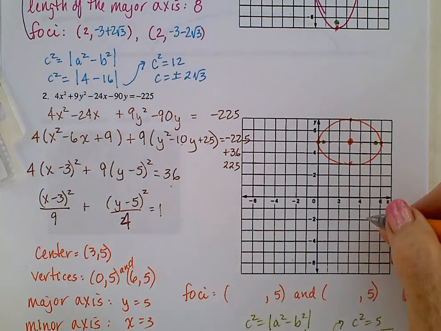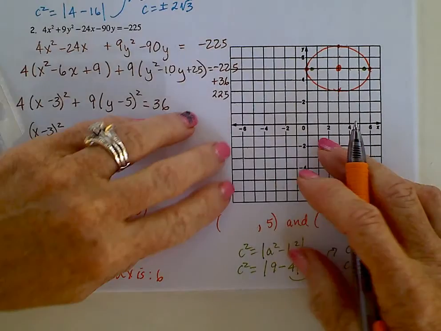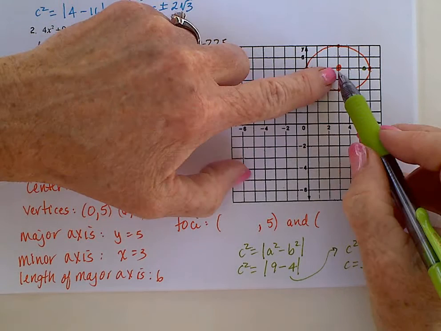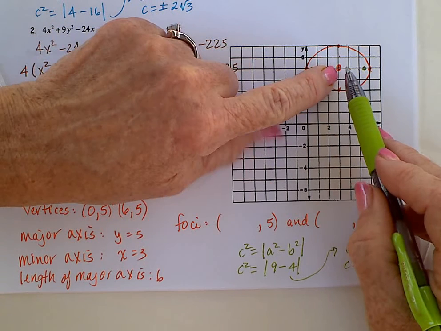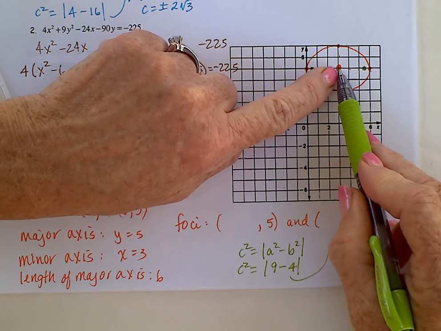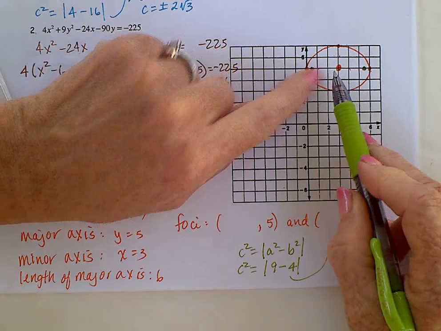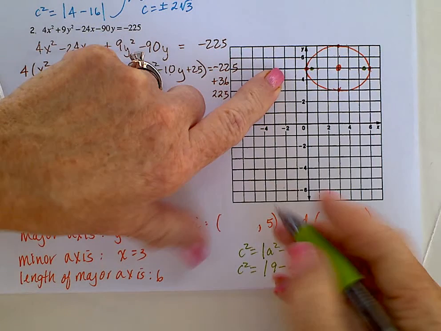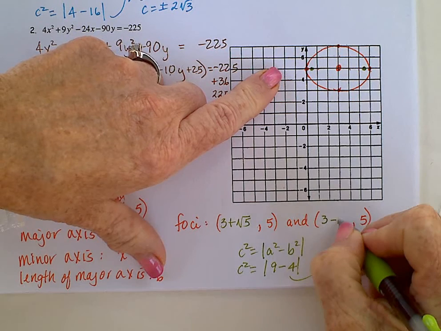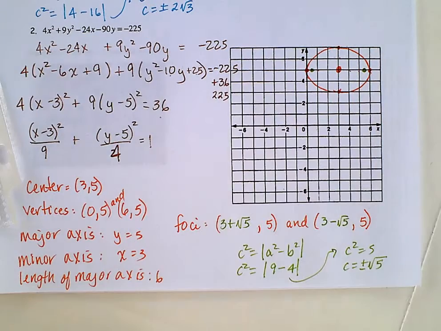And then, to find the coordinates of the foci, we know that the x-coordinate of the center was 3, so we're going to have to go square root of 5 in each direction from this point. So 3 plus square root 5 and 3 minus square root 5. And there we go.